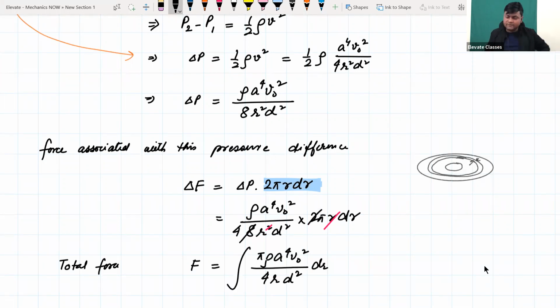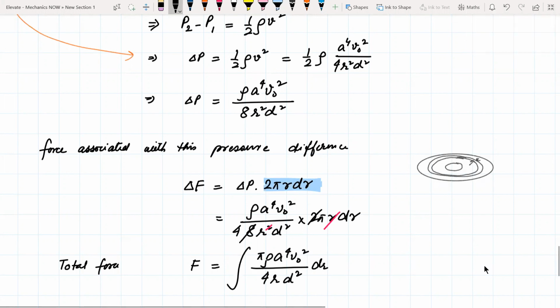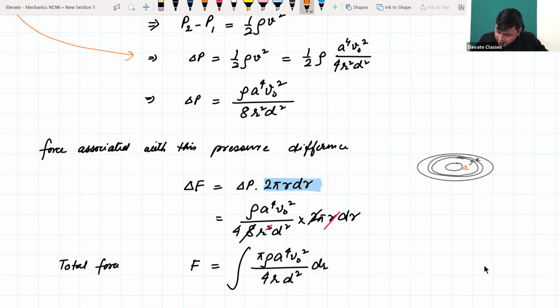You have to integrate it from where to where. What is the area that is contributing to this force? The radius greater than a and till b. So we can integrate it from a to b.